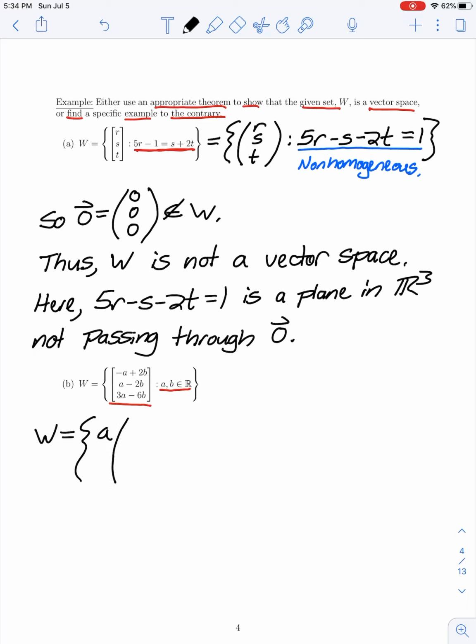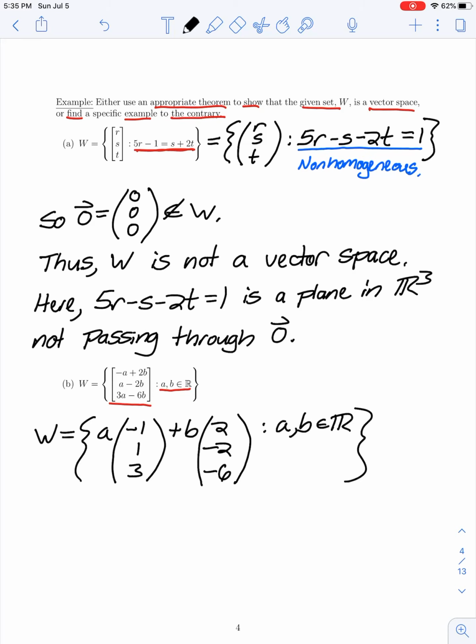If we split up the general vector into the sum of its A and B components, we can write it as a linear combination: A times the vector (-1, 1, 3), and B times the vector (2, -2, -6), such that A and B are any real numbers.